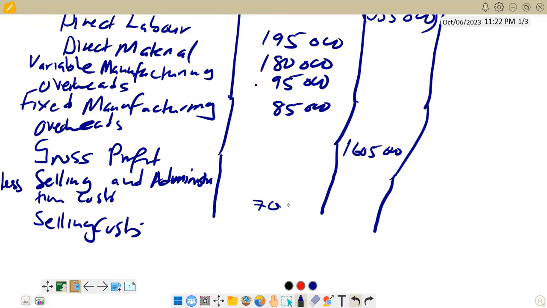Then we have administration. So these are the costs that are remaining.